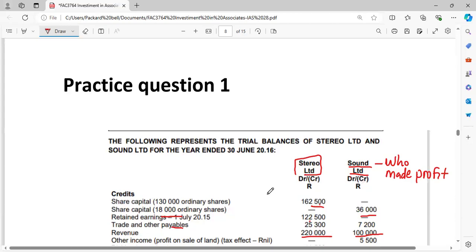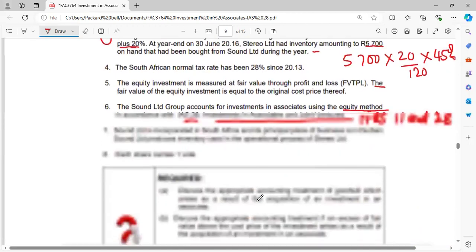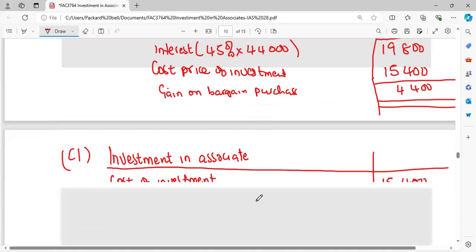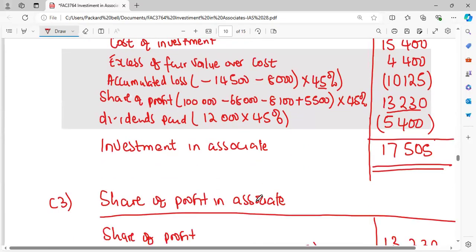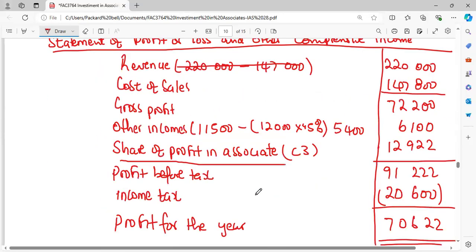So what I was saying is, when you are here on your checks, if the investor is the one who had made a profit, remember, we take the line items for assets and expenses for the investor.